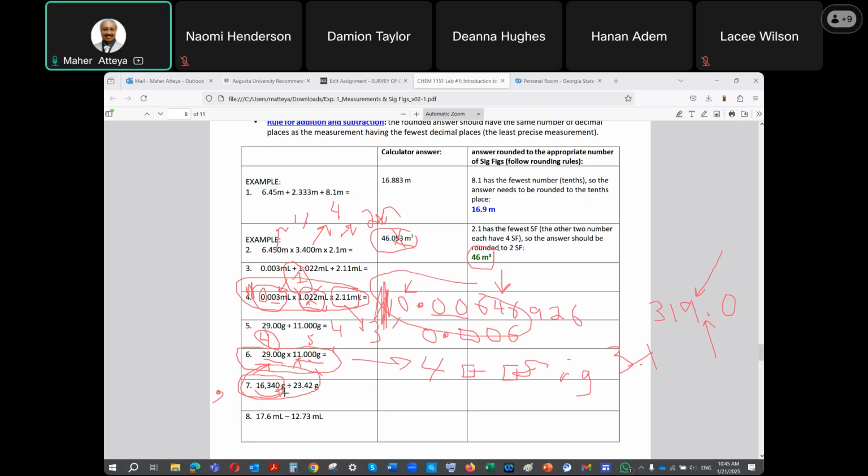Why? It's missing the second condition, which has to be met at the same time, which is the decimal. The whole number, which is 4 here, is present. That's fine. One of the conditions is met, the whole number, but the decimal is missing. So therefore, this is 4 sig figs, not 5.